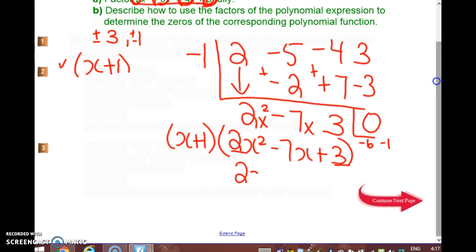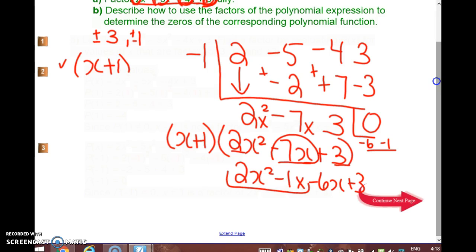So all I do is replace my minus 7 with those numbers I just said. So minus 1x minus 6x plus 3. So all we did was we put those instead of our minus 7, and then we're going to factor the first group, factor the second group.